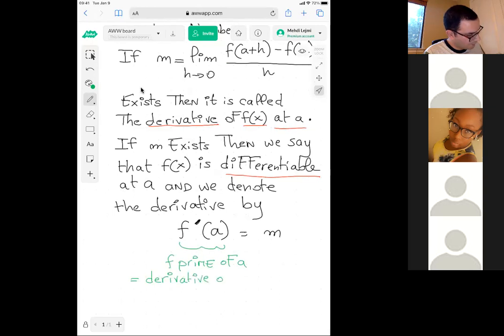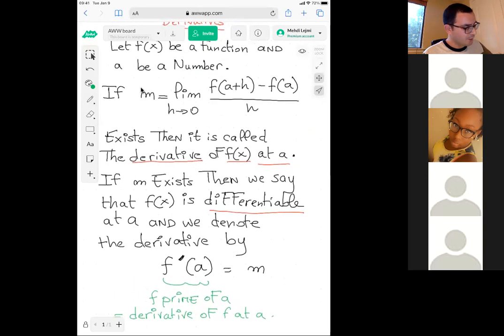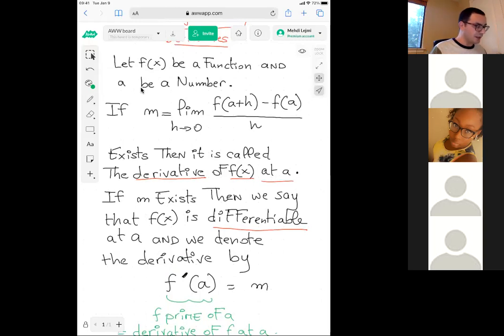So you see, guys, this number m, which we said is the slope of the tangent line to the function f of x at a, is actually the derivative of the function f at a. It's f prime of a, right?